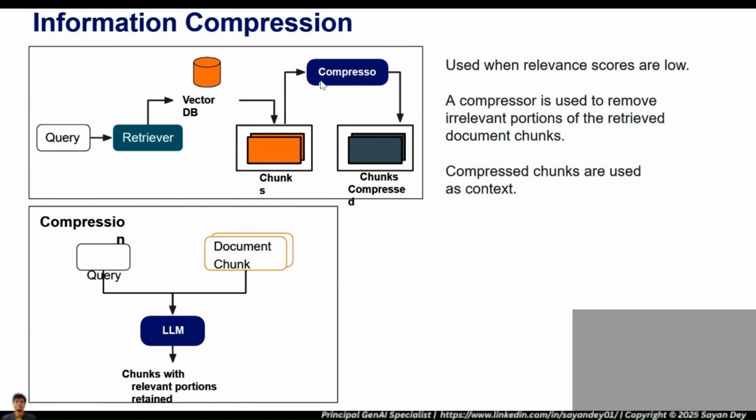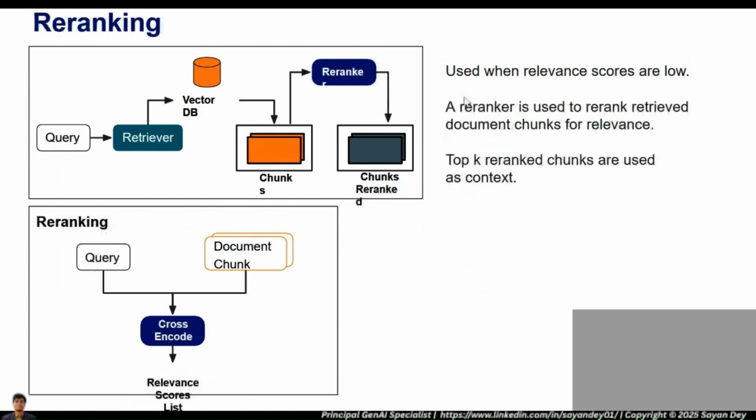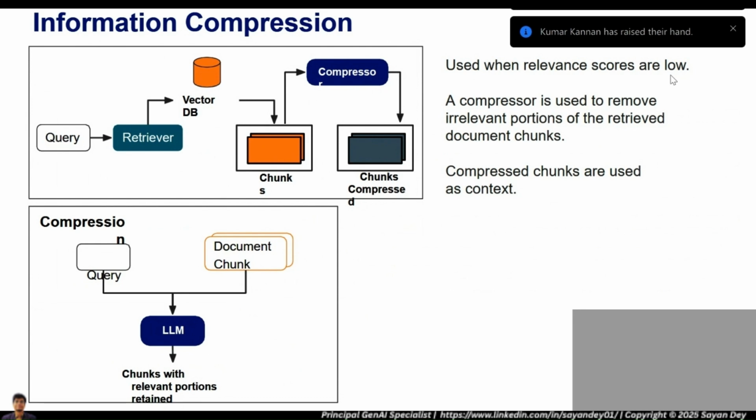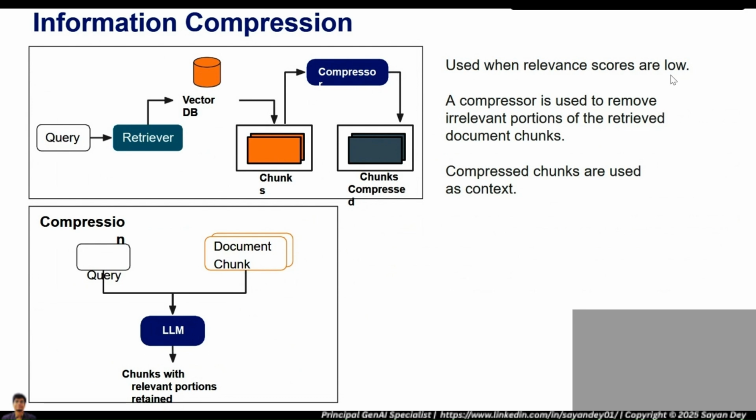And another variant of information compression is what we call re-ranking. Again, these are very useful strategies when the relevance scores are low. Remember, there are 2 parameters to evaluate RAGs: groundedness and relevance.